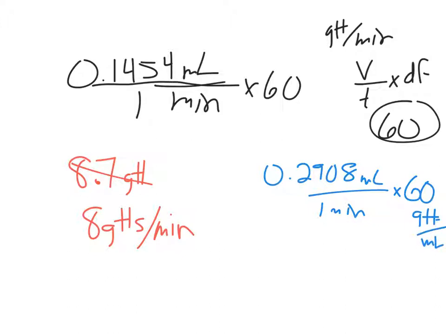That's what I mean by drop factor. The milliliters cancel out, and that's why we're left with drops per minute. So 0.2908 times 60 is 17.4, so that would be about 17 drops per minute.